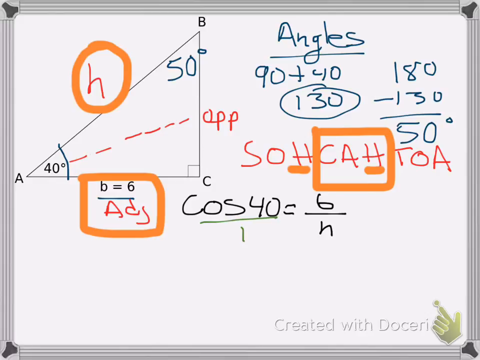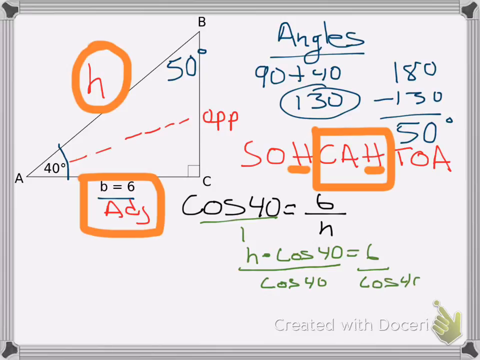Put a 1 on the bottom so I get a proportion. Cross multiply. H times the cosine of 40 should equal 6. Divide by the cosine of 40 on both sides, so we can solve for h. The cosine of 40's cancel. H equals, this is where my calculator comes in.